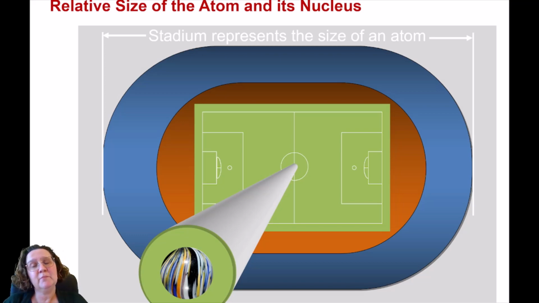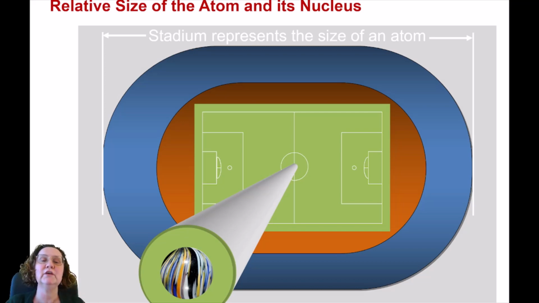This is a typical example that is normally given to explain how much the mass of an atom is concentrated in a very, very small space, and how, despite the fact that atoms are really small, there is quite a lot of empty space, because most of the mass is in the nucleus.